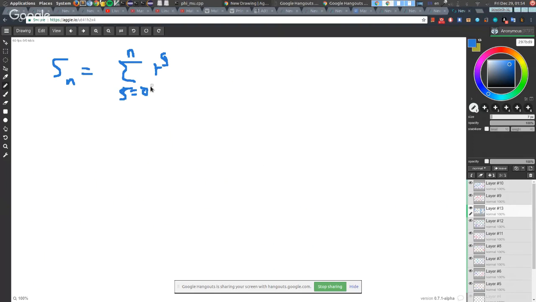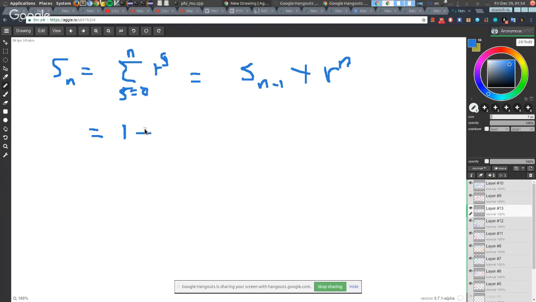So how can we do this? We can do it in the same way that we solved the first summation. Here we can just exclude the last element using this way, or here we can just exclude the first element.